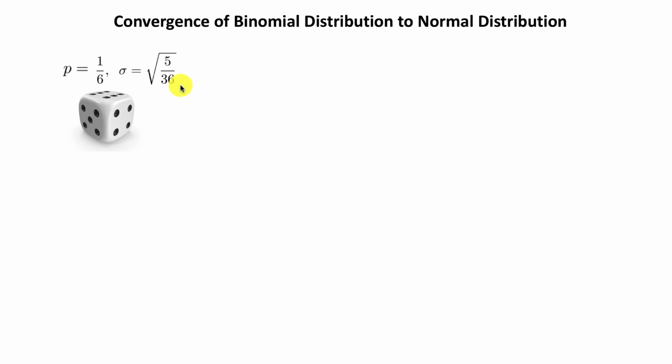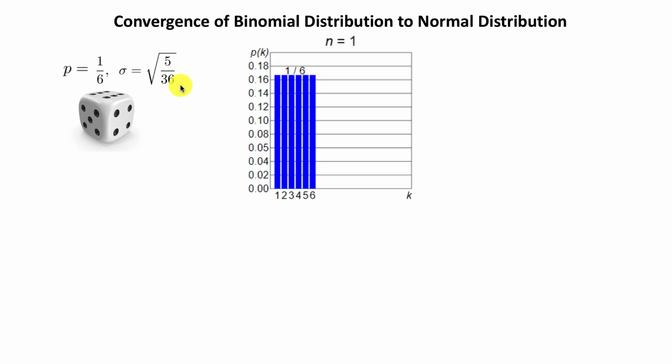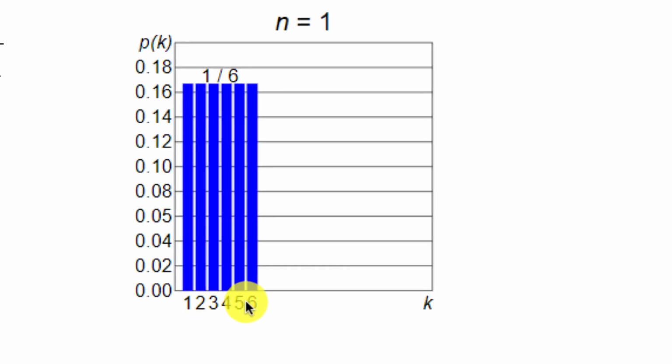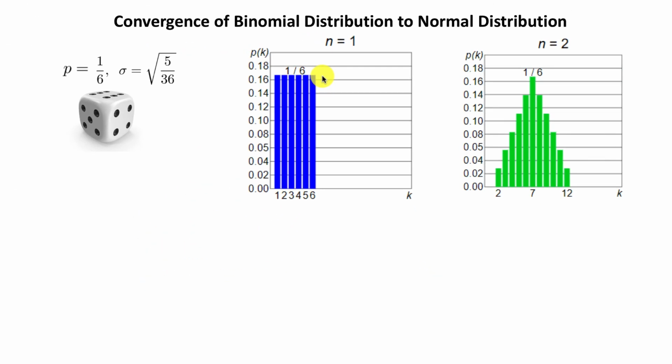Now if we throw this die once, then there's equal probability of getting 1, 2, 3, 4, 5, 6, because there's just one way in which you can get any of these numbers. So that's the probability over here. But now let's take 2 random variables, x1 and x2, add them together.